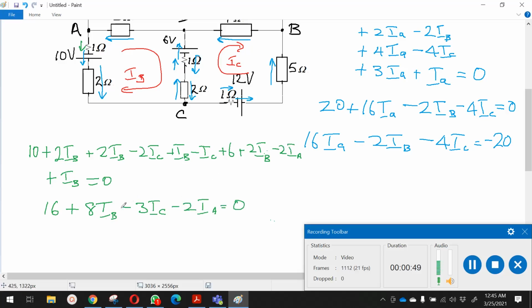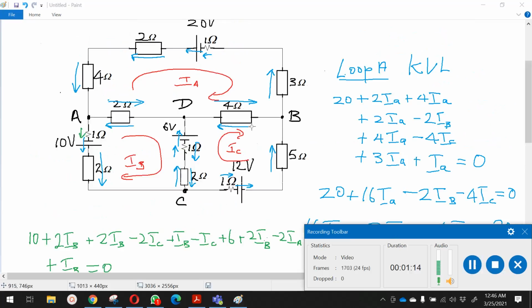Again, I want A's, B's, and C's, so I'll say minus 2 IA plus 8 IB minus 3 IC equals negative 16. And that is my second equation.